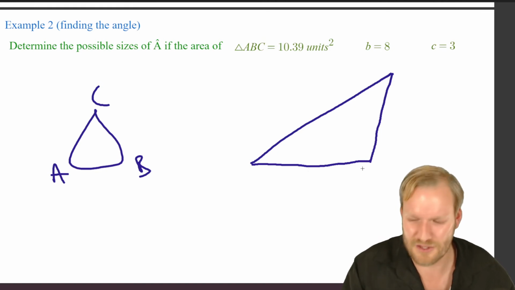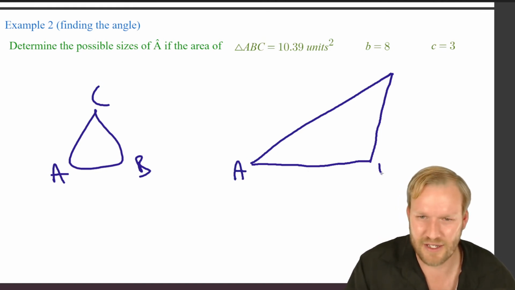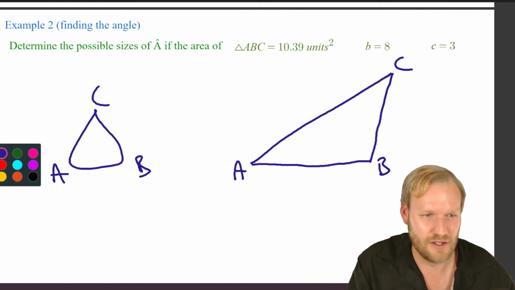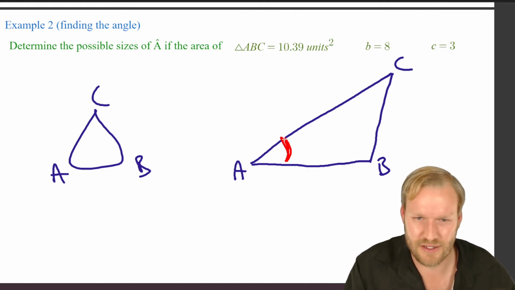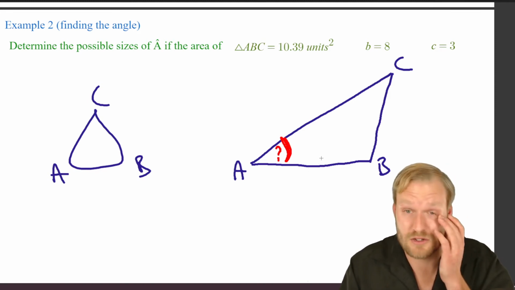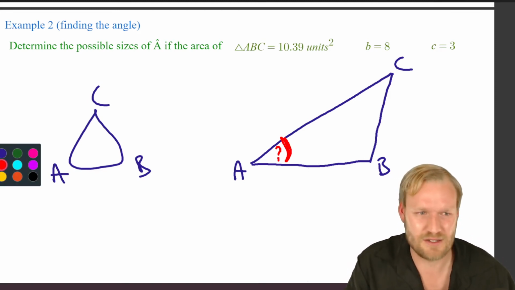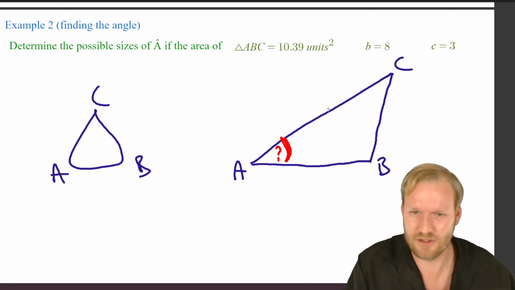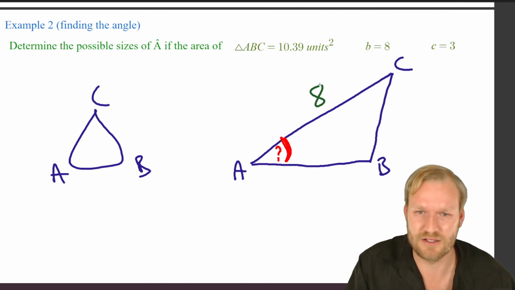I'm going to draw mine like this, though, and say, well, if I've got A, B, and C, we're trying to find what the angle here is at A. That's what we want to try and find. And we're told that B equals 8. Remember, by convention, that side B is opposite the vertex B, so that is 8.